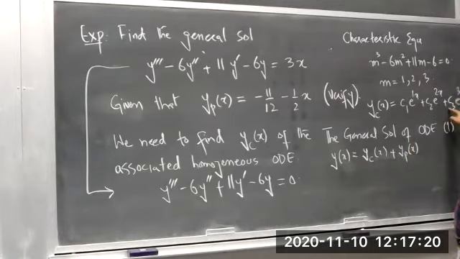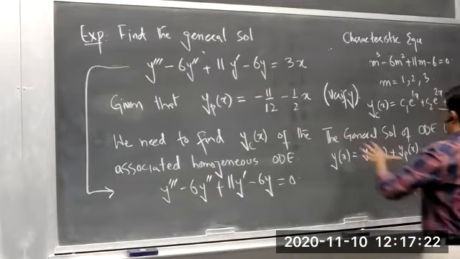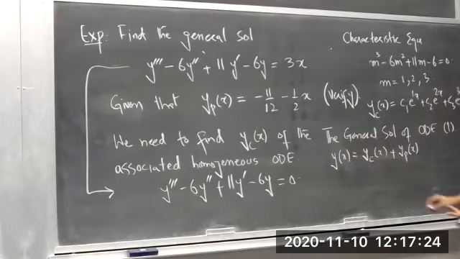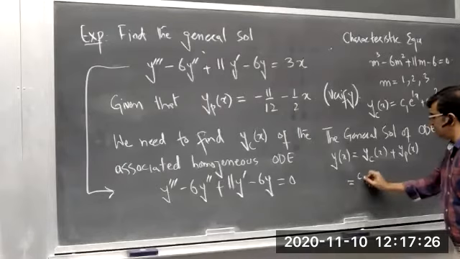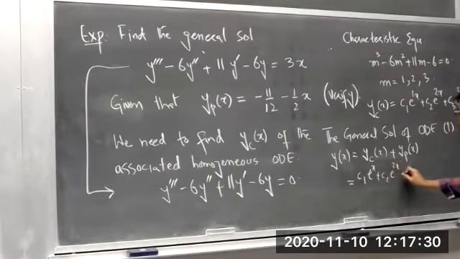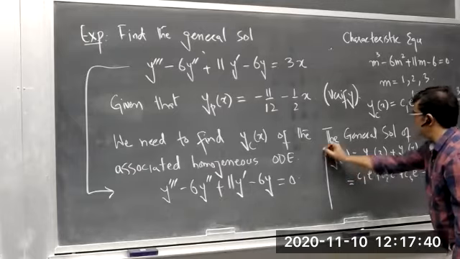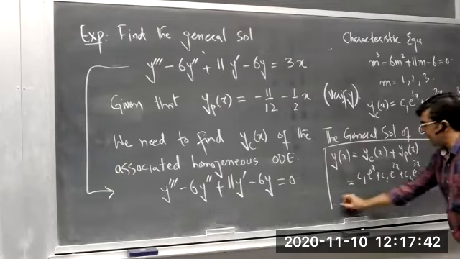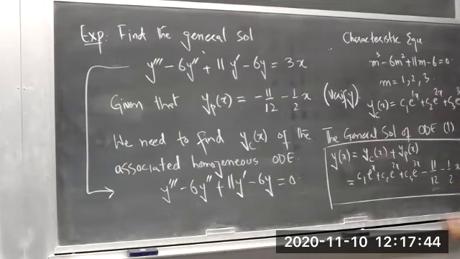Now yc is this and yp is this. We write the sum here and we get the solution: c1 e raised to power x plus c2 e raised to power 2x plus c3 e raised to power 3x minus 11 by 12 minus 1 by 2x. So this is the general solution of the given non-homogeneous ODE.